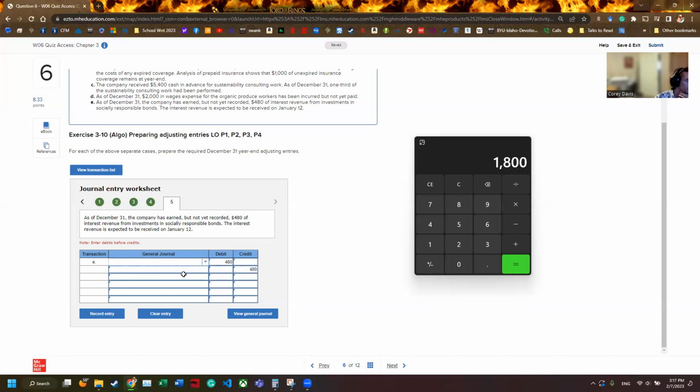If it's interest that we have not yet received, or it hasn't been recorded yet, but it's been earned, so that hasn't been received. It should be received in January. That means it would go in interest receivable. And it was a revenue, so we will credit interest revenue for the 480, showing that we earned that money in revenue.